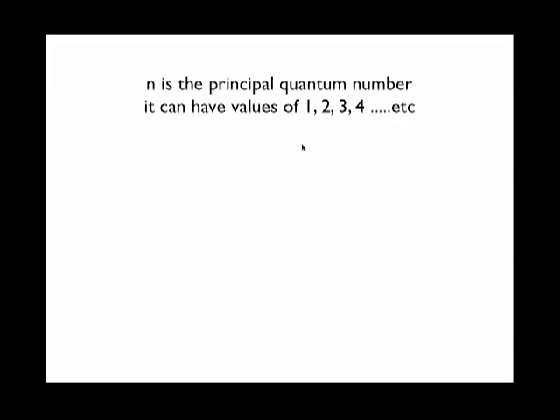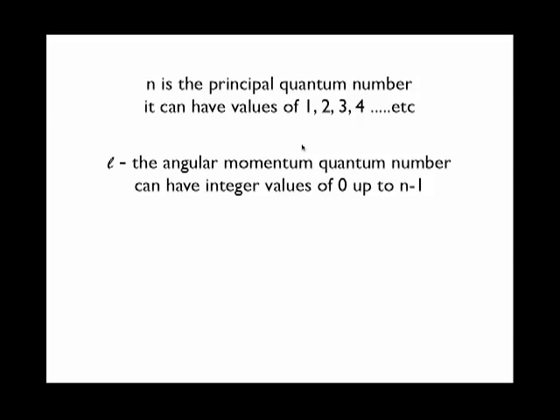n is the principal quantum number, and it can have values of any integer: 1, 2, 3, 4, 5, and so on. l, which is the angular momentum quantum number, can have whole number values that depend on the value of n. They start at 0 and go up to n minus 1.